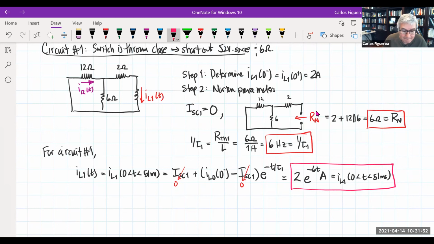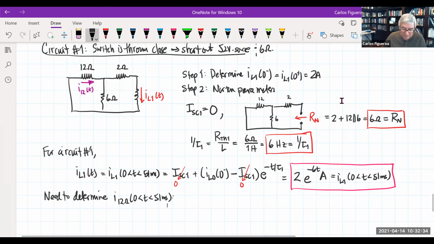So now I need to go determine the current of that 12 ohm. I'm going to use this current to calculate what I12 is. So now we need to determine I12 between 0t and 51 milliseconds.